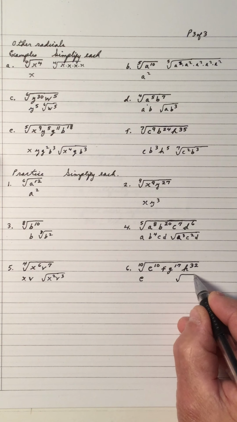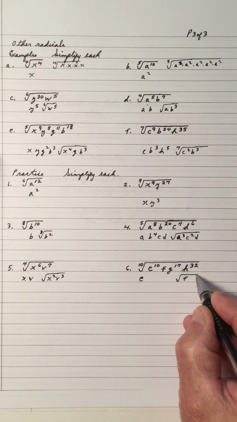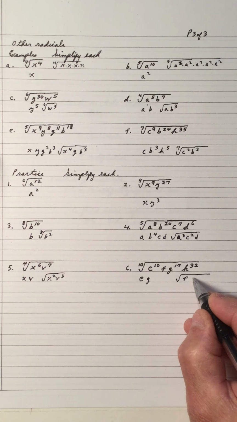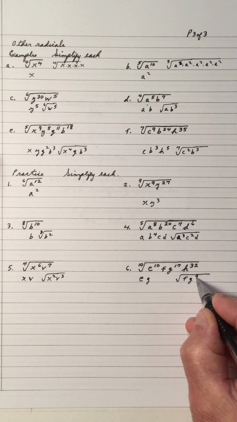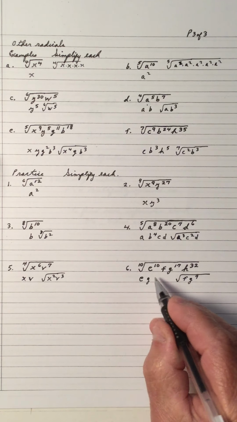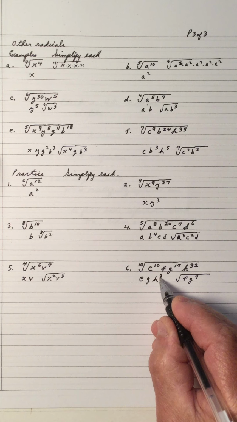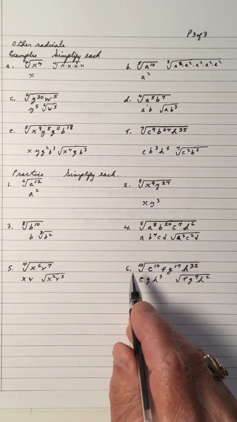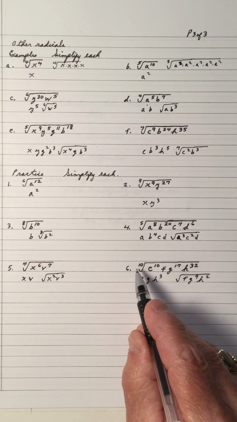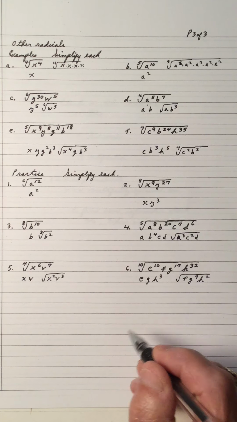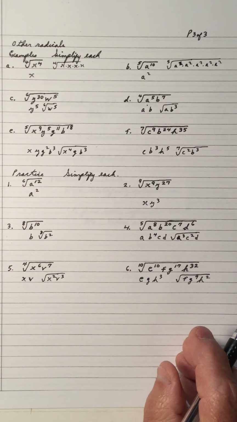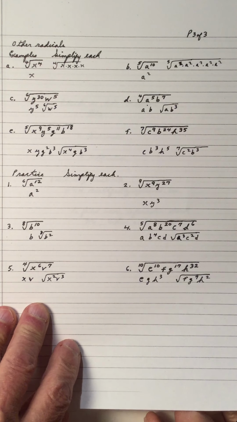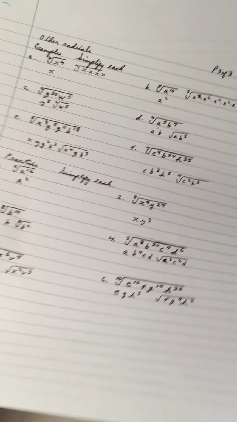So that means the f stays. 17 divided by 10 is 1, and we get 7 left. 32 divided by 10 is 3, and there's 2 left. So you take the powers of the inside exponents, divide by the root, and what's left over, keep it inside. And that explains simplifying when we have variables on the inside that have got exponents.